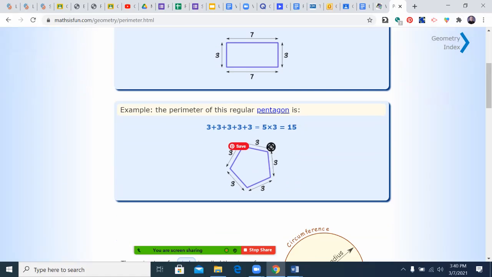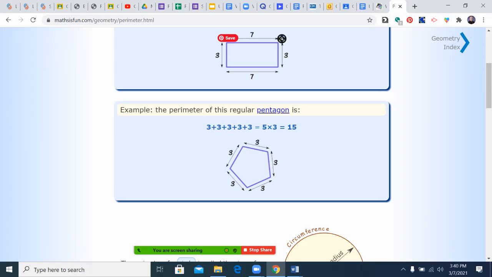Now a pentagon, which is a 5-sided figure, in this case, all the sides were 3. So I could add 3 plus 3 plus 3 plus 3 plus 3, or I could just go ahead and do 5 times 3. But that works best when the shape is regular and the sides are all the same.